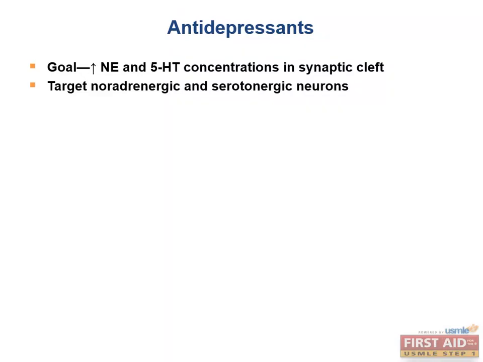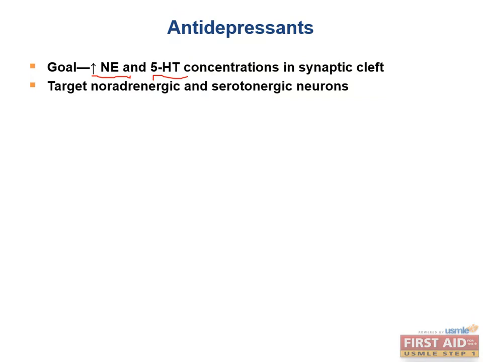Now, the goal of antidepressants the whole way through is to increase the concentration of norepinephrine and serotonin in the synaptic cleft. Remember from earlier chapters when we discussed patterns of neurotransmitter changes in different psychiatric illnesses, almost all neurotransmitters are decreased, or depressed, if you like, in concentration in depression.